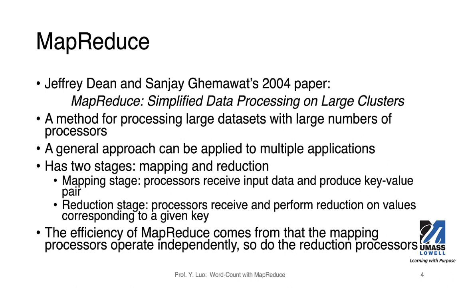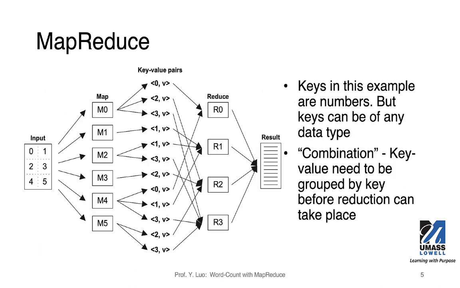The efficiency of MapReduce comes from the fact that mapping processors can operate independently. Also, the reduction processors can do the same in the reduction stage. When you have a large number of computers or processors, this large-scale parallel processing becomes reality.